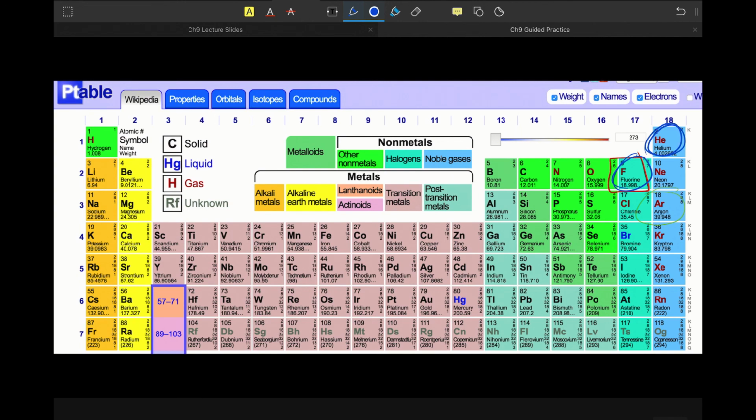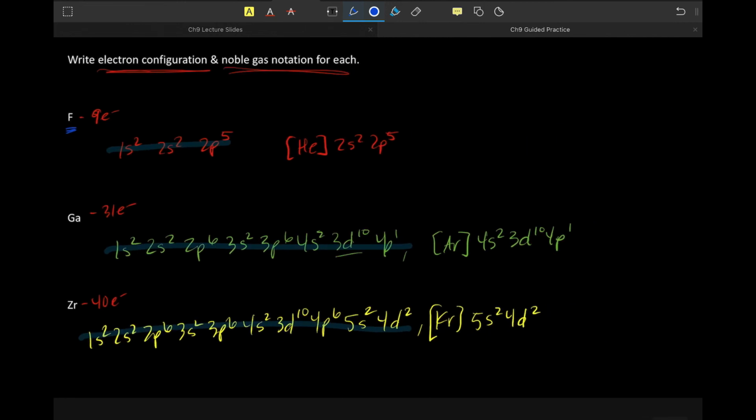Helium has 2 electrons, which means that these first 2 are helium. Then we would write everything that comes after that, which is like saying these are our core electrons and these are our valence electrons. That's what noble gas notation separates for you visually, core versus valence.